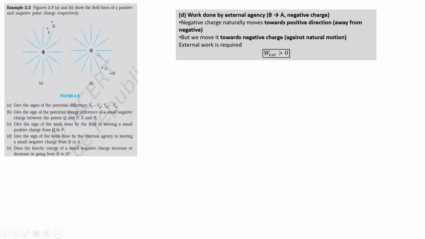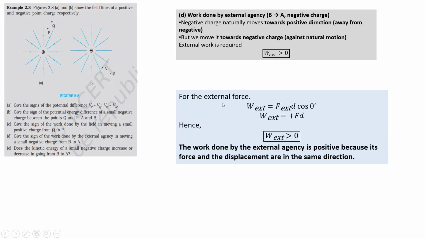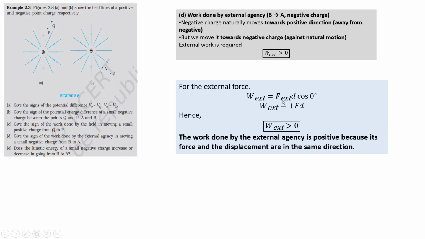So, applying the force in which direction? B to A. And the direction of movement is also from B to A. Now, I hope it is clear. FD cos theta, theta equals 0 because force is inward, displacement is inward. Therefore, work done becomes positive. In other words, work done is greater than 0.